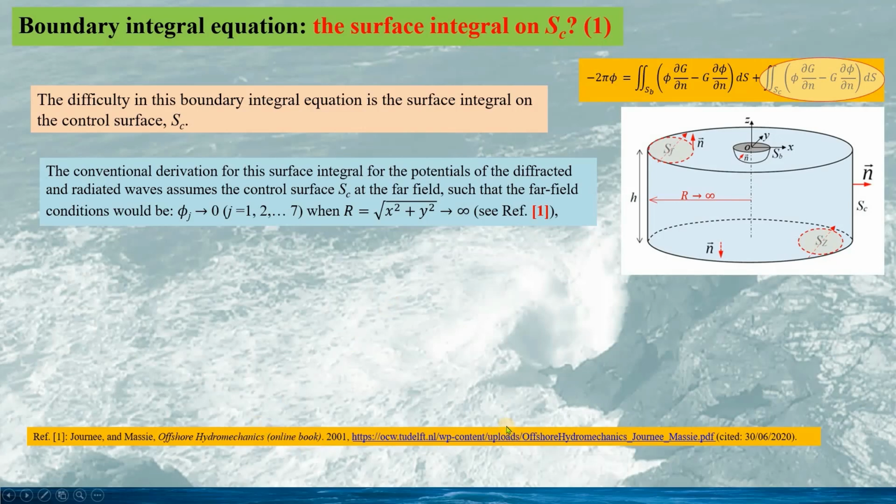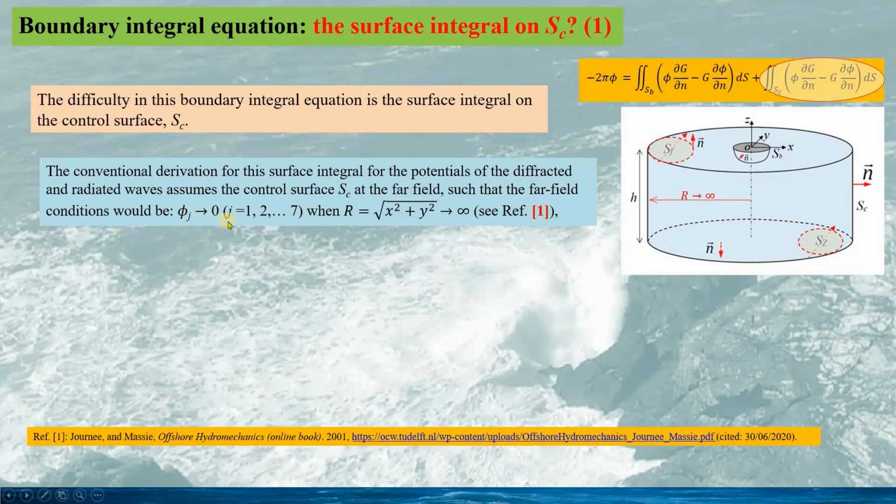The reference here. It is generally assumed that the control surface SC is at the far field when R, equal to the square root of x squared plus y squared, becomes infinite, such that the diffracted wave potential and the radiated wave potentials phi j would be 0.